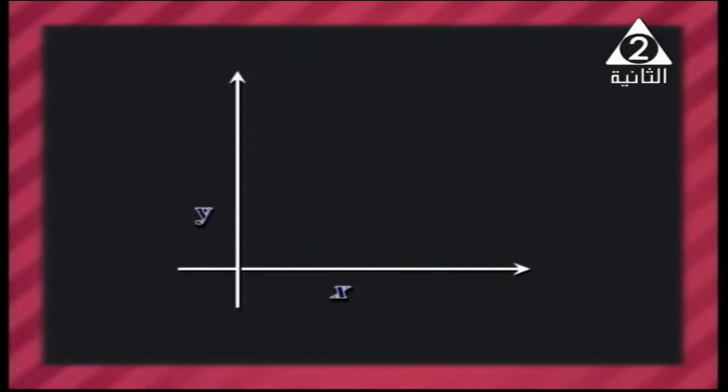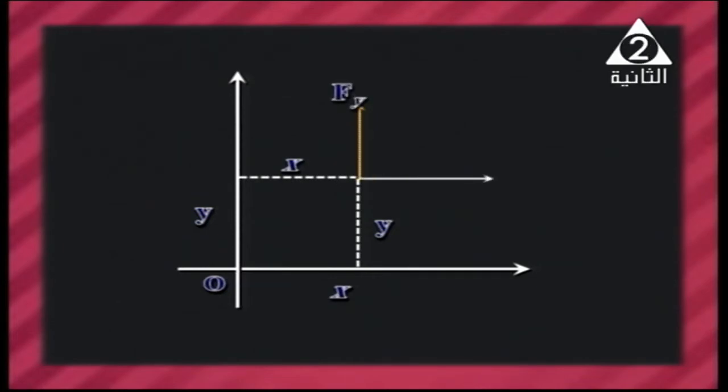Look at, my dear student, we have two axes, x-axis and y-axis. If a force acts on the body, we resolve this force F into two components, Fx and Fy.